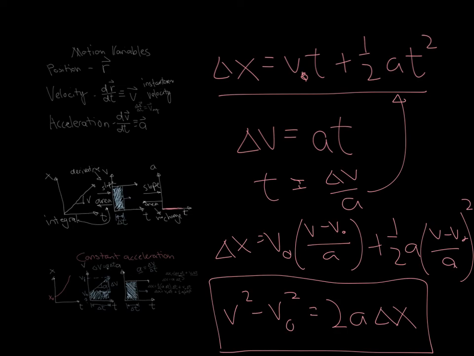You just gotta look at the problem and see if time is a variable that you have some information about. If you don't have any information about time, but it tells you that you're throwing a ball up, and so therefore you know it's under gravity, you know the acceleration, and you know how high it went, or maybe you know how fast it was thrown initially, or what kind of velocity it has at some point mid-flight, or some information that involves these variables, then you want to use this equation.